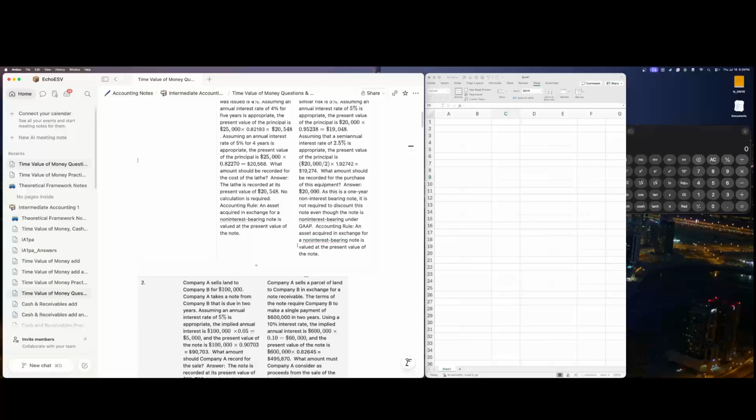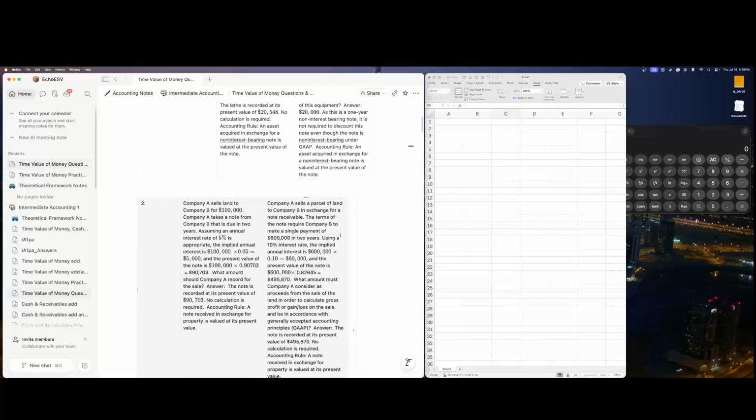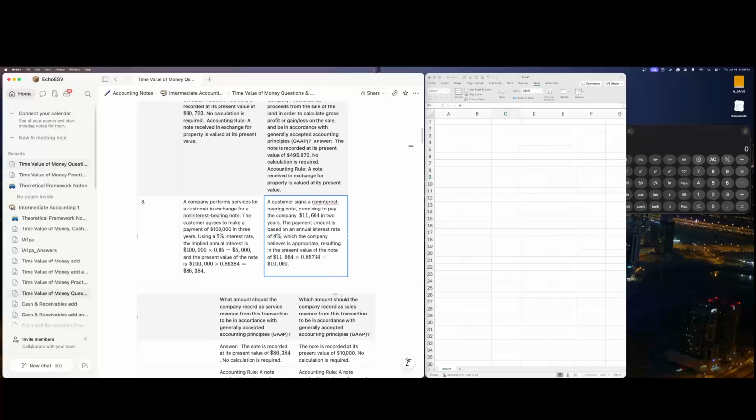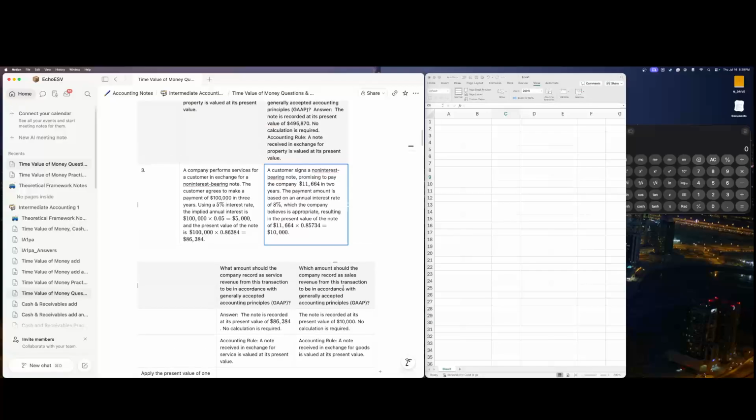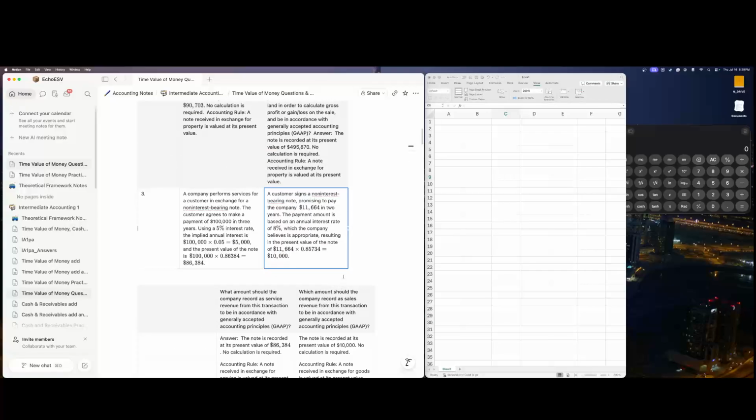The thing about these is that a lot of these have little exceptions that are important to know. So it appears that if it's exchanging a note for an asset, then it's going to be at the future value. But if it's for a note, whether or not it's a non-interest bearing note, if it's an exchange for service or for cash, a payment, it'll be at the present value.